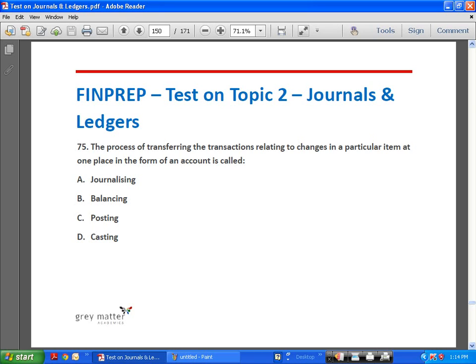After journalizing, where all transactions are recorded as journal entries with the debit and credit aspect of every transaction, all these journal entries are posted in various accounts in the ledger.